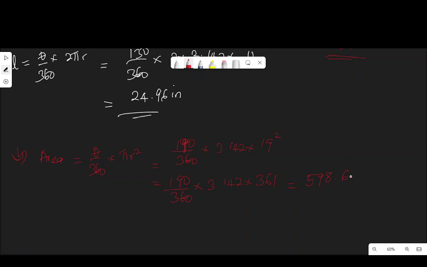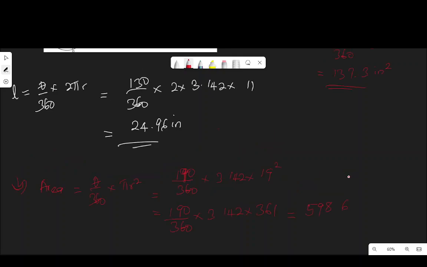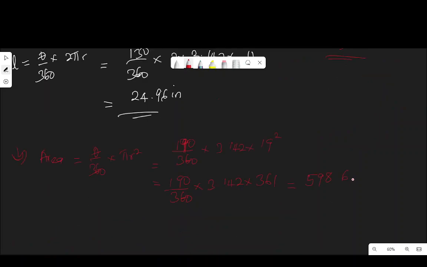What was the unit? The unit is feet, so feet square. That is the area of the sector of the circle.